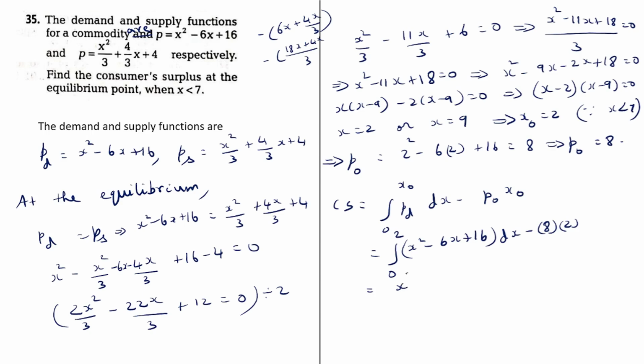So when we integrate we get x cube by 3 minus 6x square by 2 plus 16x with the limits 0 to 2 minus 8 into 2, 16.